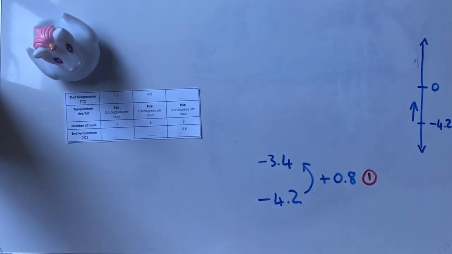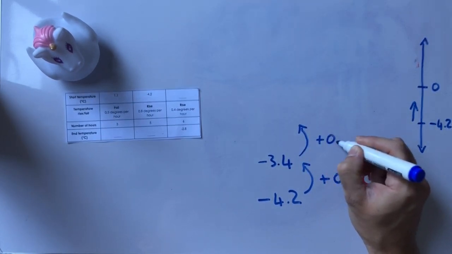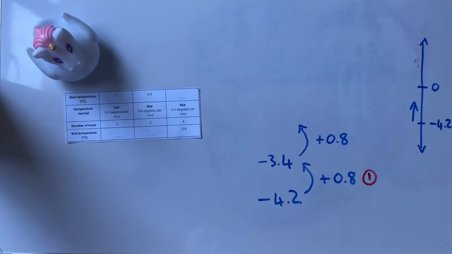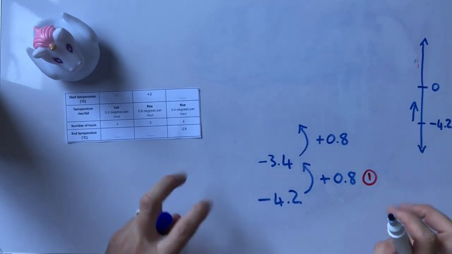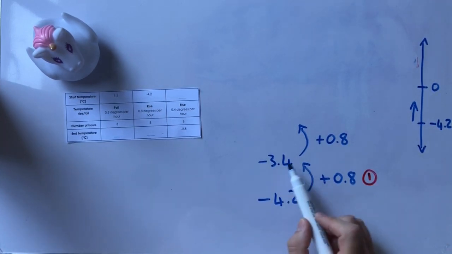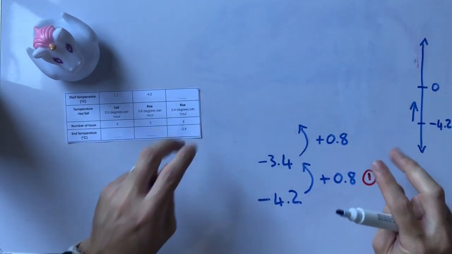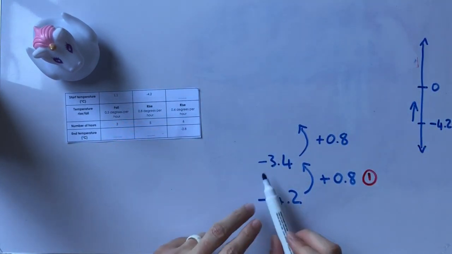Okay, so that was the first step. So now we have to go up. We're going to add another 0.8. But in this case, if I had 42 and I took away 8, then I'd have 34. I'm doing it like this because we know it's a negative number.